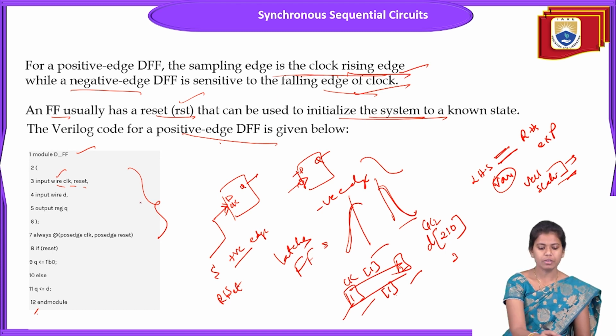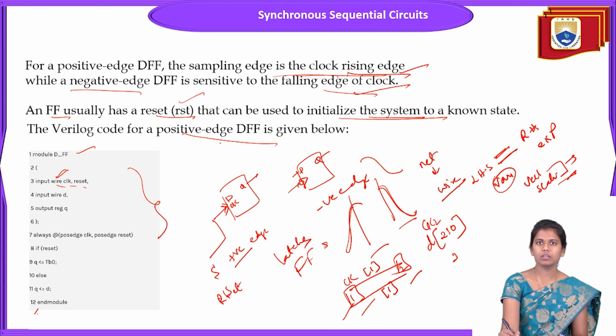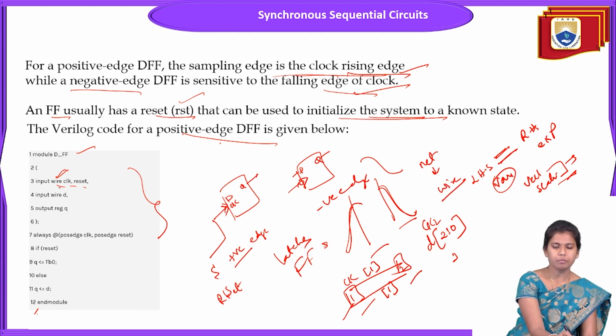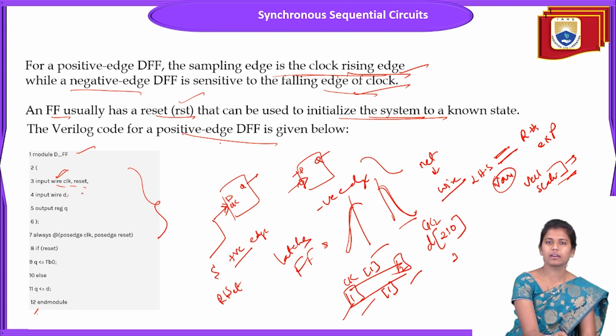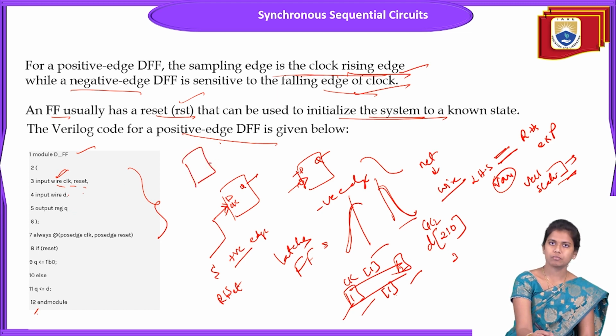So here, wire is nothing but a net. Nets are variables. In Verilog primitives, we have different types of variables, and one of them is net. Under net, wire is the keyword that we use. So here: input, wire, clock, and reset. Clock and reset are the two elements that we observe in flip-flops, isn't it?